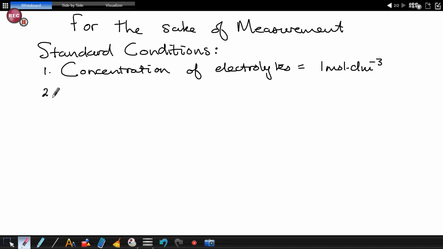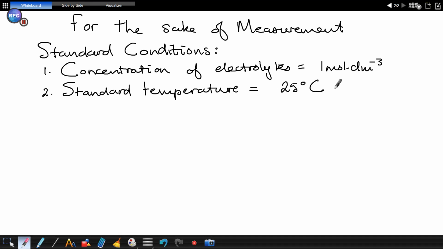The second thing, please check in your textbook, because what's the standard temperature? 25 degrees Celsius. It's important to have a standard temperature for the sake of measurements, because temperature affects the rate of a reaction.